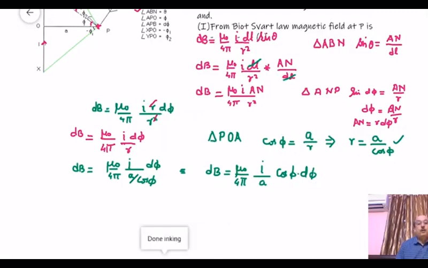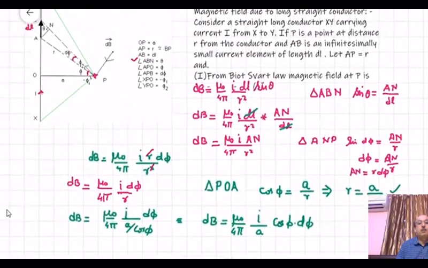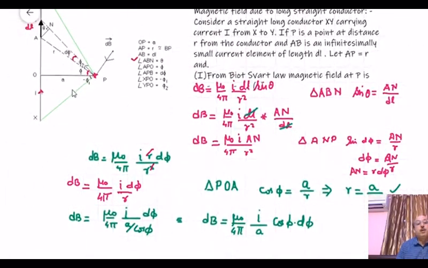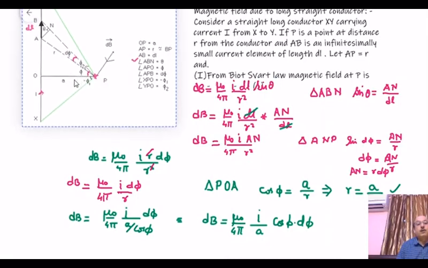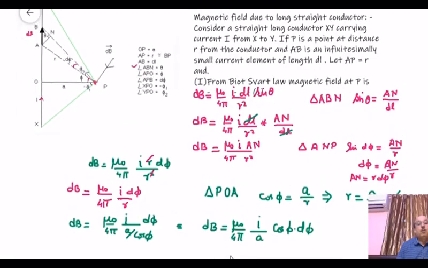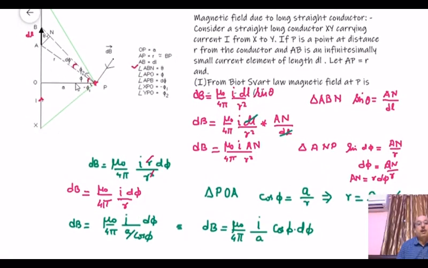Now for the complete wire, starting from X to Y, the angle phi changes from minus phi 1 to phi 2.